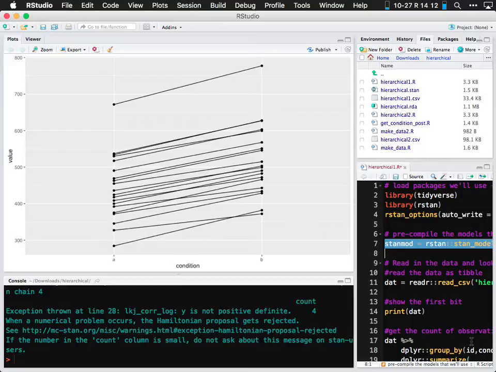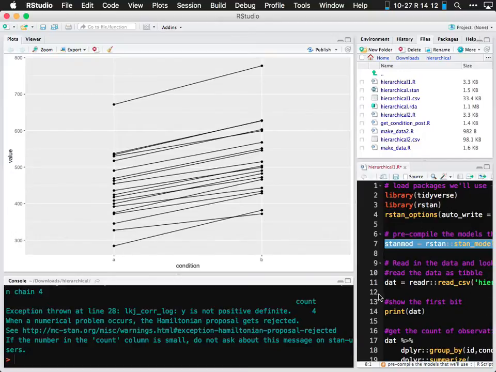Okay. So when that's done running, you should be able to start from the top and get all the way down. Sorry. That's fine. I have it too.